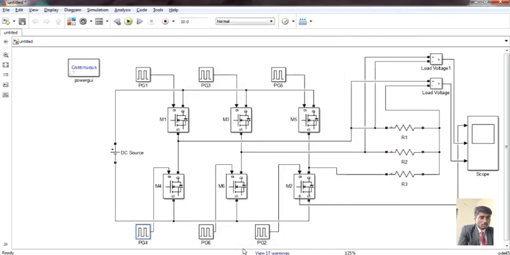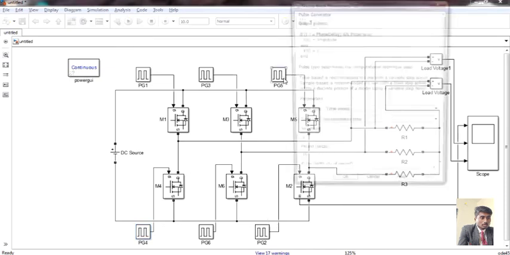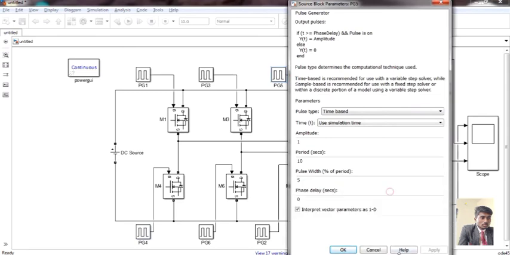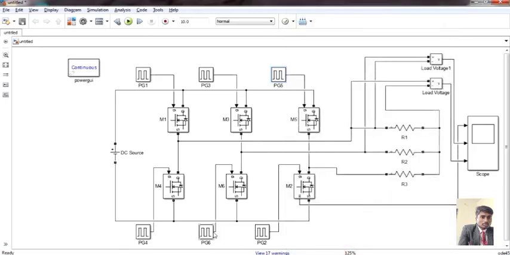So I will start the program. These are the outputs of the scope. I will zoom in. So first is the gate pulse.